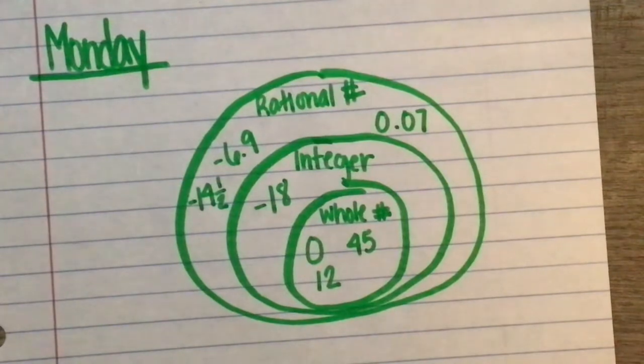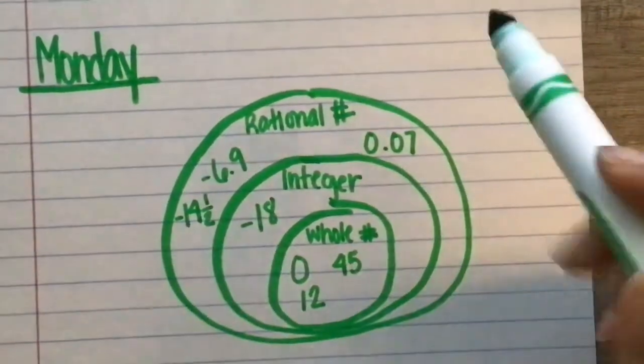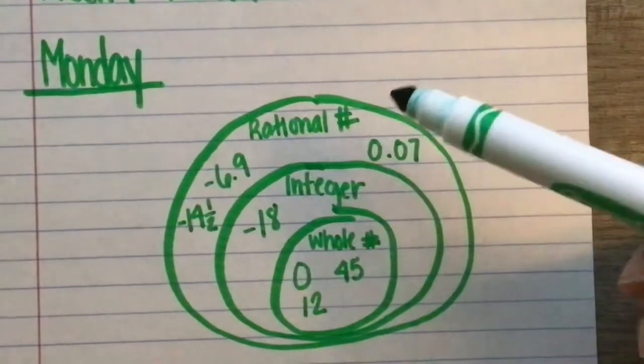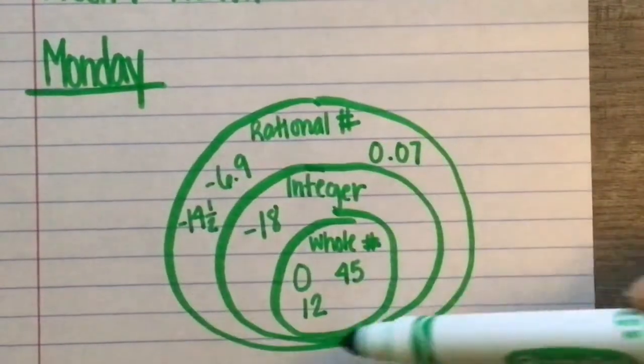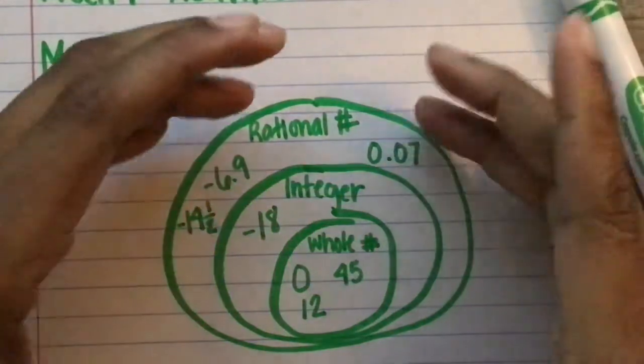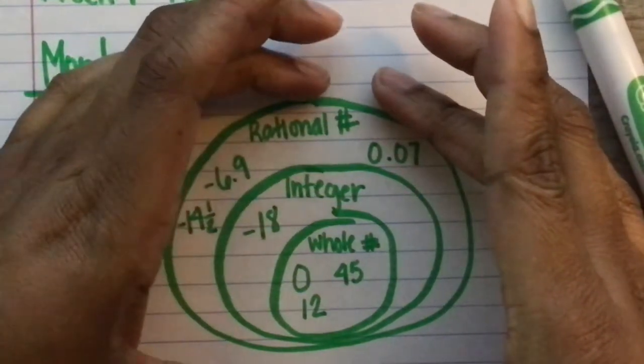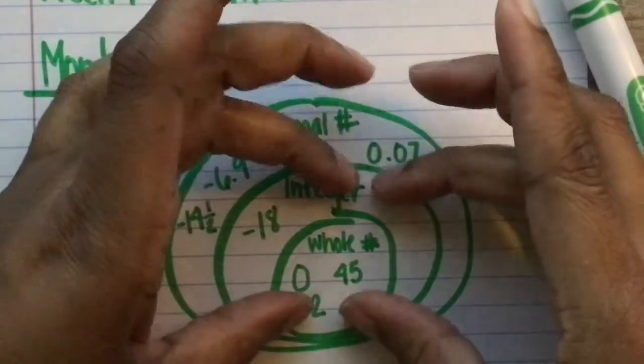All right, so after you're done doing that, you have to answer 3 questions. It says, can a rational number that is not an integer be classified as a whole number? That answer is no. If it's rational and an integer, then yes, it can be a whole number. But looking at our three categories here, everything within this rational number circle is a rational number, so that includes the integers and the whole numbers.